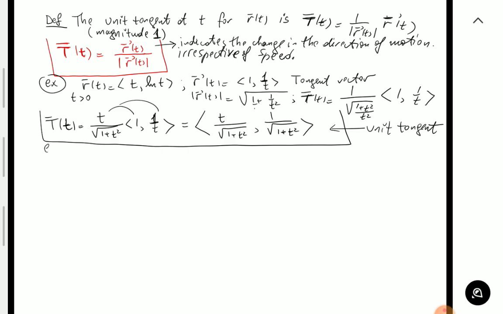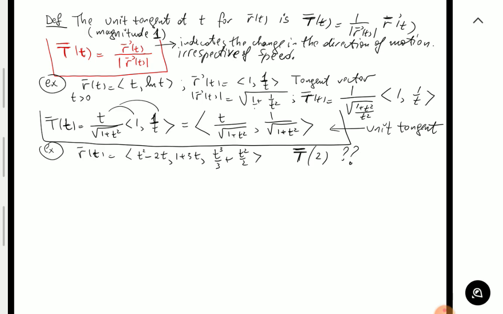But here's another example. Let's say I give a vector, and let's do this one in 3D. Let's say we have the vector with coordinates t squared minus 2t, 1 plus 3t, t cubed over 3 plus t squared over 2. And let's say I want the unit tangent at the point 2.